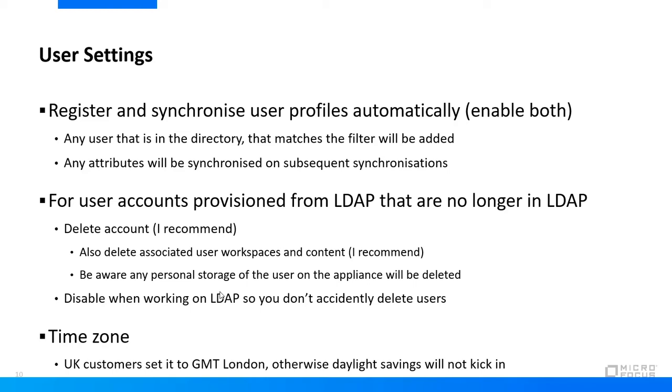So first of all, we've got an option to register and synchronize the user profiles, which you want to enable both of them. So we want any user that's in the directory added to Filr, and any attributes that you've got on that user, if they've changed on subsequent synchronizations, you want those brought across as well.